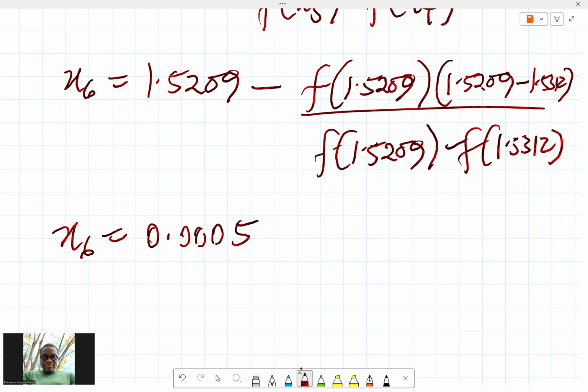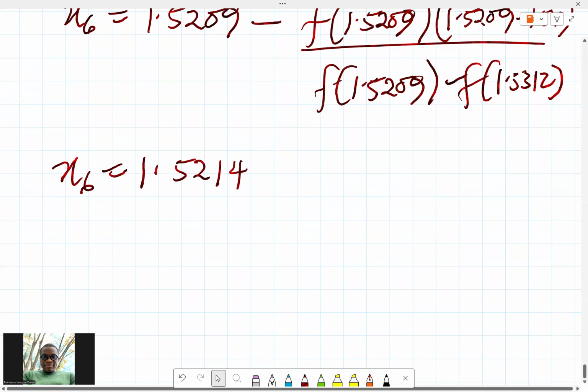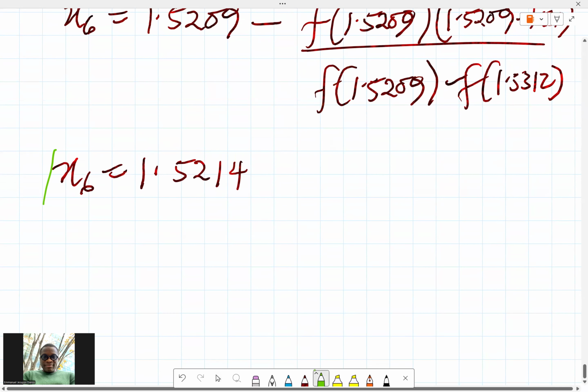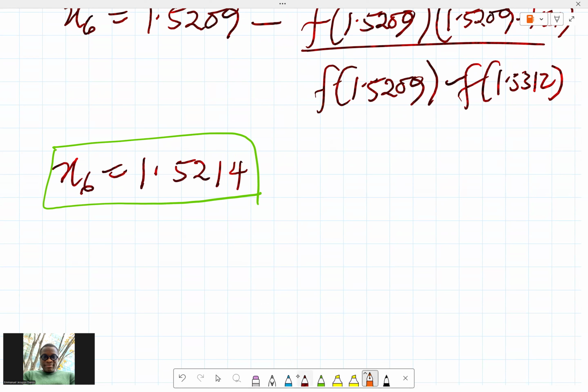So if you do all of that, x6 would be... no, sorry, I think I'm already jumping. X6 is 1.5214 roughly. Okay, so this is another result. Then we check the stopping criteria.